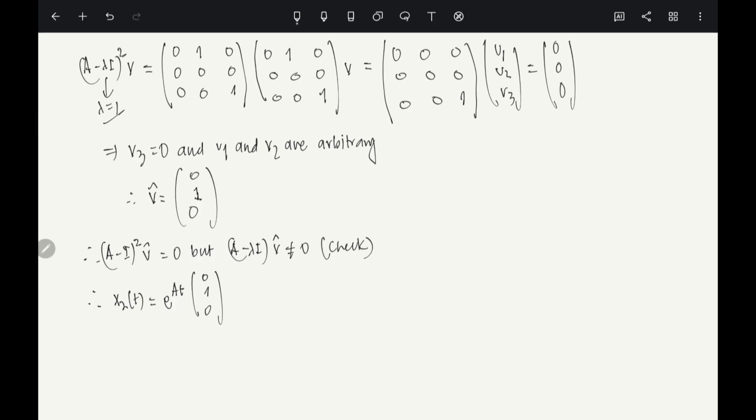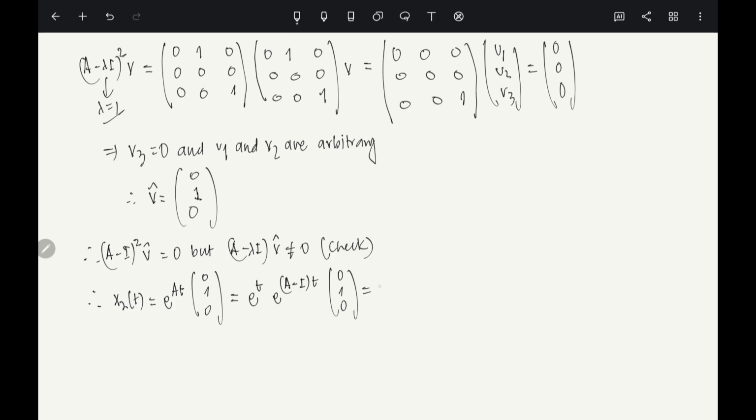And I know that e to the power At times any vector will be a solution of this problem. So that vector I am choosing to be 0 1 0. Now, e to the power lambda t, lambda is 1 here, so it is e to the power t, and then we can write it as e to the power (A minus I) times t. You remember, we can just break it up.